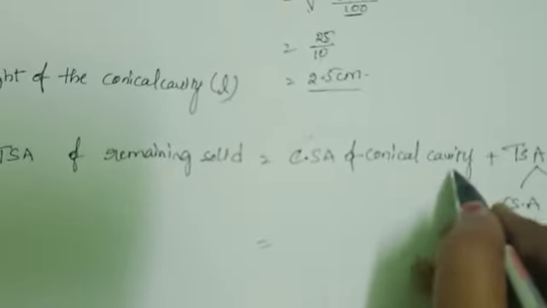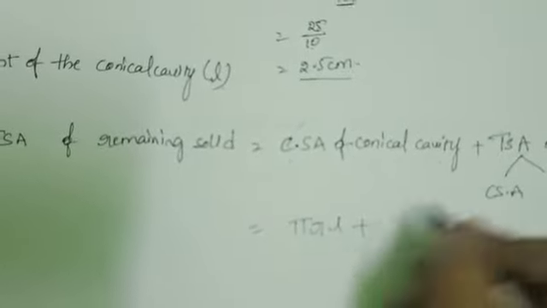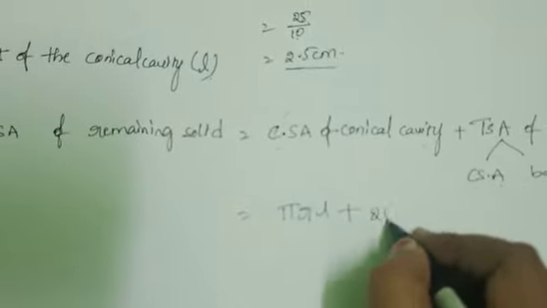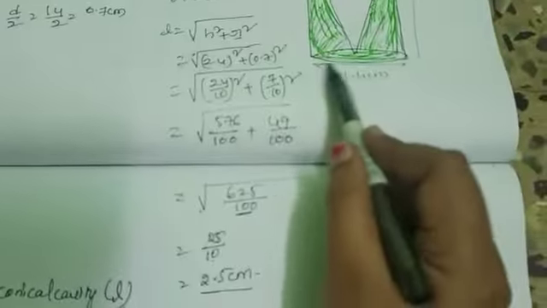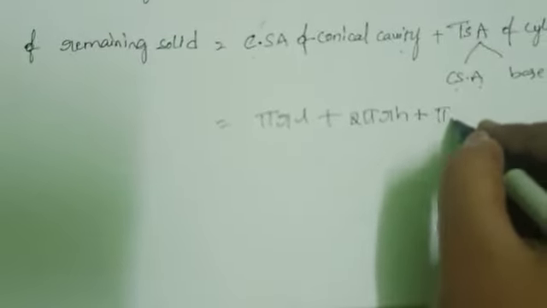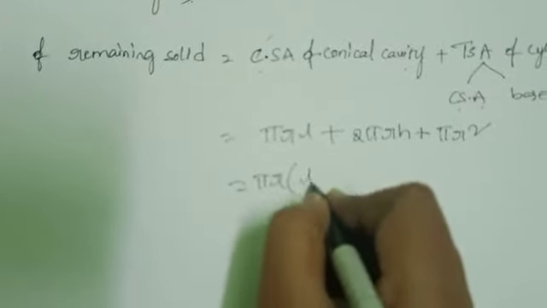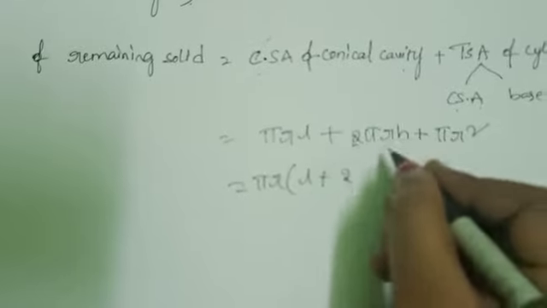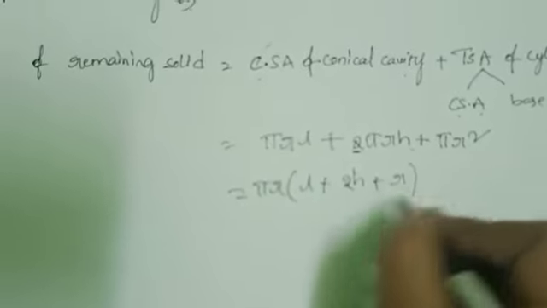The curved surface area of the conical cavity is pi r L. The curved surface area of the cylinder is 2 pi r H, and the base is circle in shape, so the area of the circle is pi r square. Here pi r is common: pi r times L plus 2H plus r.